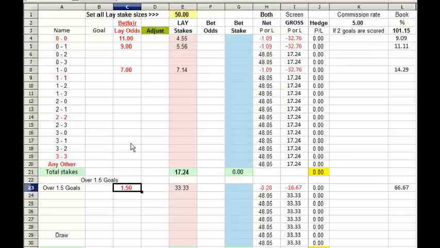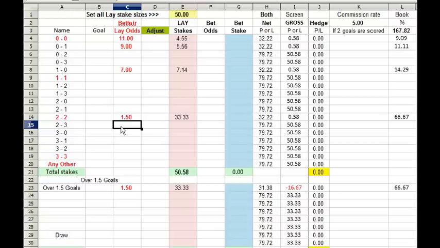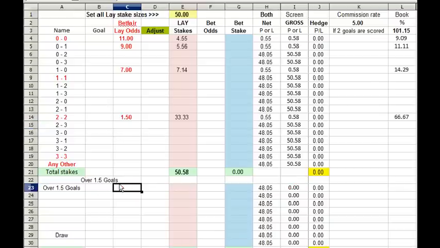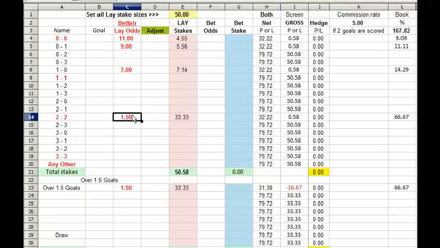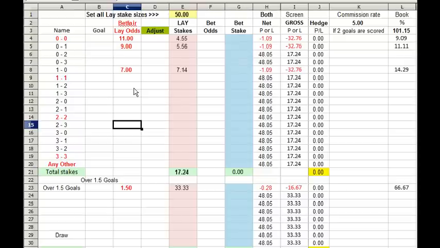If I move that 1.5 up into there for over goals, 1.5, and just delete those odds, you'll see that it actually shows a 55 pence profit whatever happens. But once you get into separate markets, you would be extremely lucky to get something like that. So I'll just delete those, and that's a bit more realistic, that we would make a loss.